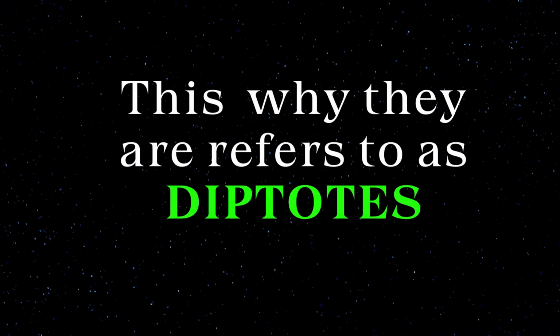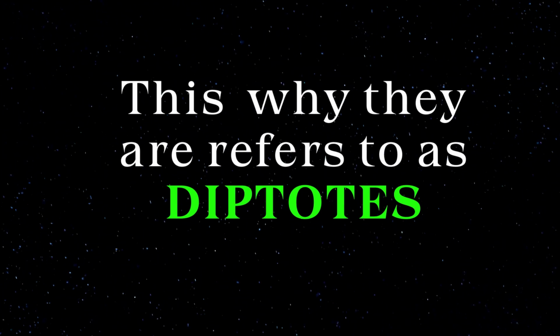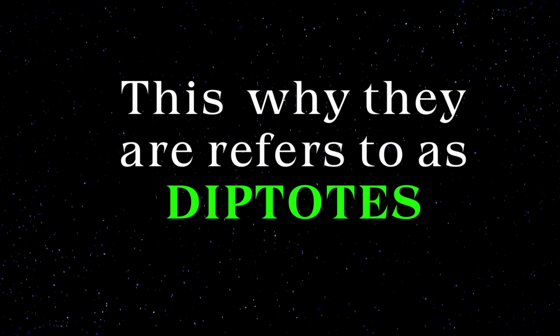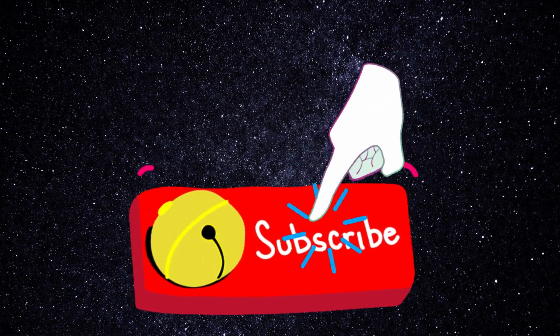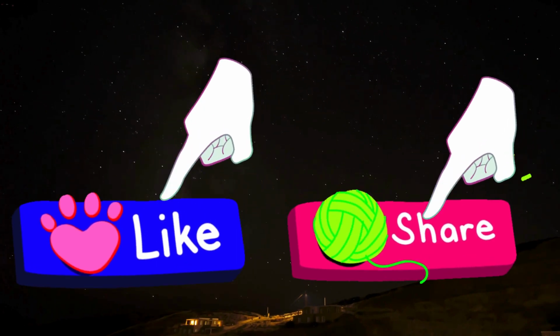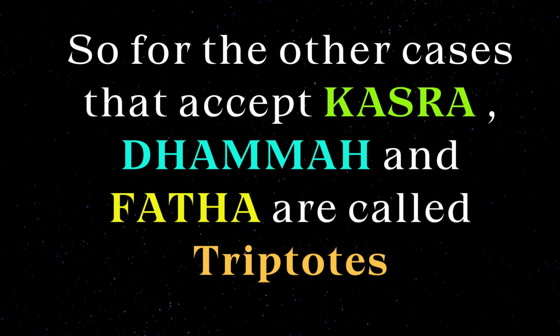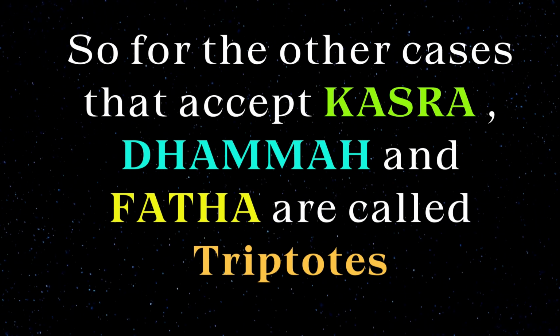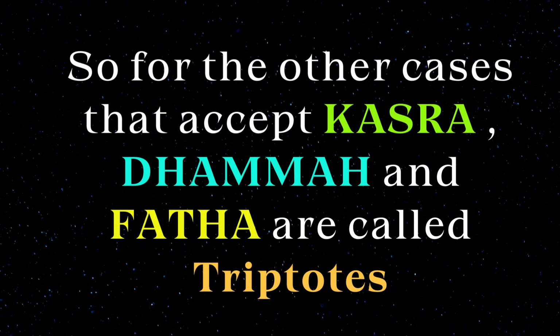So this is why they are referred to as diptotes. They are either in a damma or fatha. So for the other cases of proper nouns that accept kasra, damma, and fatha, they are called triptotes. Okay, so let's move ahead.